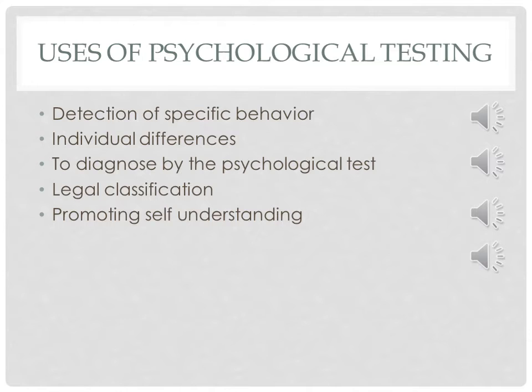People can understand what their traits and states are, and when understanding all these areas, he or she can plan their future in a better manner, or understand their own personality. So psychological testing will help to promote the self-understanding of the person.